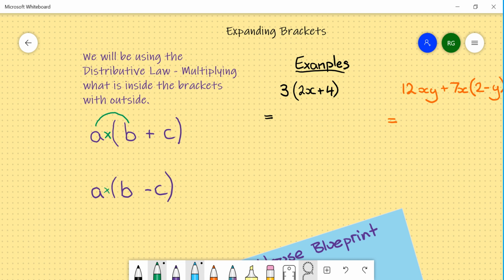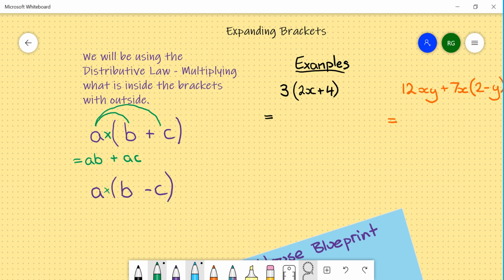So I'm going to go A multiplied by B. When we do that, we get AB, A times B. We then also have A multiplied by C. Now remembering that positive symbol belongs to the C, so it is positive A multiplied by positive C. So we get AC. We can join those up with an addition sign.